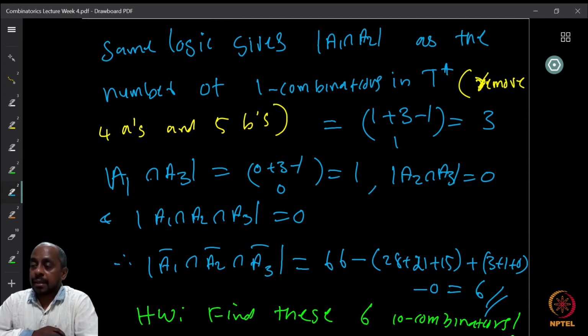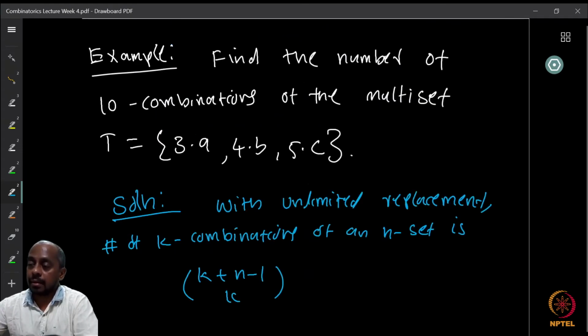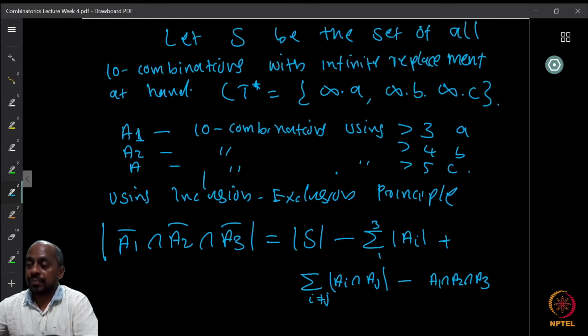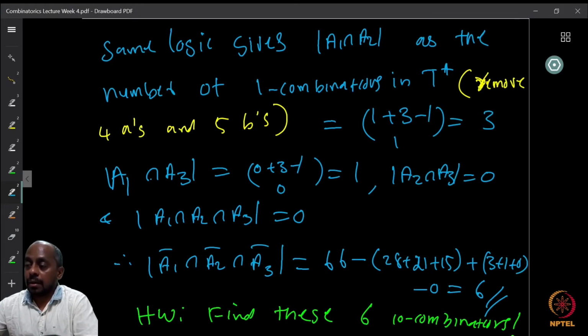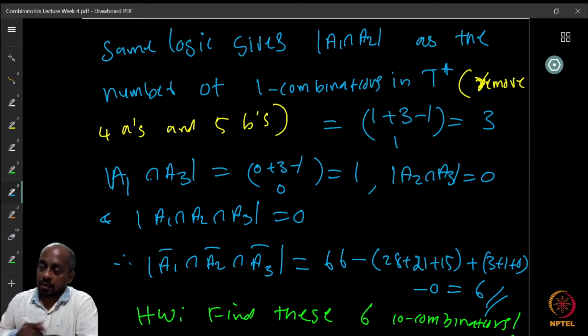So there are exactly 6 10-combinations with the property that we are looking at in this set, right? 3 A's, 4 B's, and 5 C's. Now, can you actually find the 10-combinations and list them? That is a nice question that you can think about, and I will write it as homework.